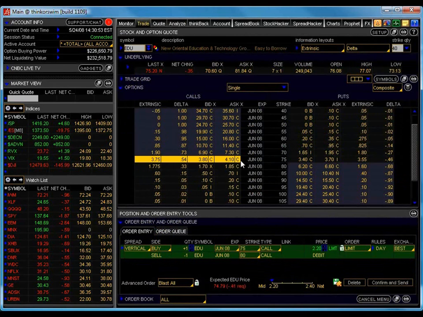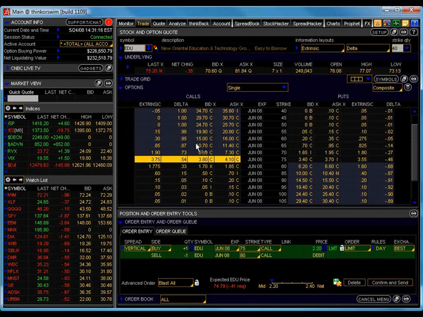The option with the highest extrinsic value is always the at the money option. And you can see that it's true here. The time value in the highest theta would be achieved by selling this option at $75 strike price.